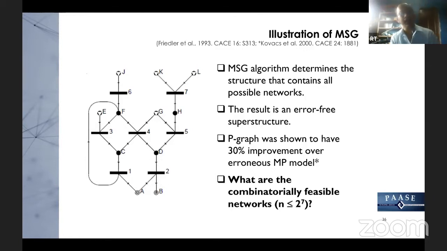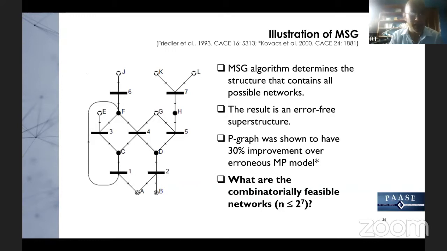By having an algorithmic procedure to take those building blocks and assemble them into a complete network for which there is mathematical proof that the connections are complete and that there are no redundancies in the system, we're able to generate a maximal structure which is sure to be correct. And there are some interesting counterexamples using PGraph that showed previous solutions to be incorrect in terms of profitability by as much as 30%.